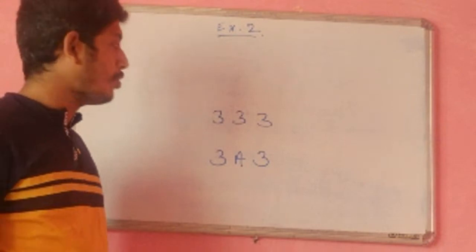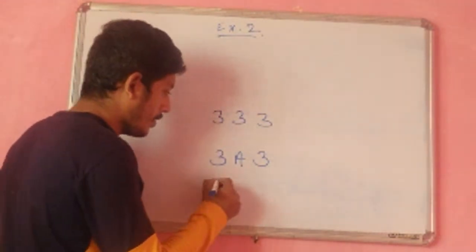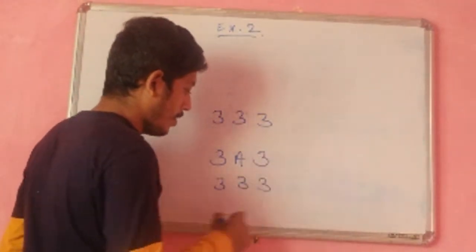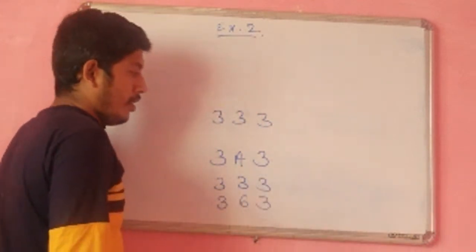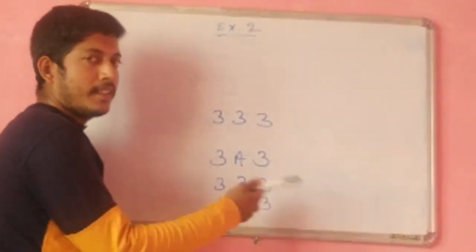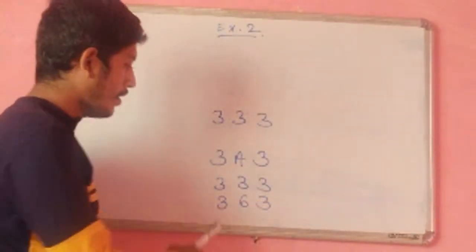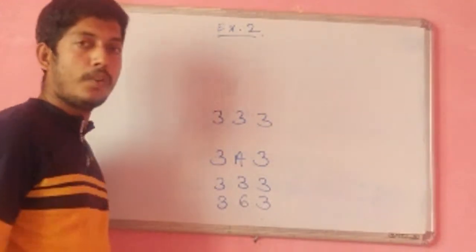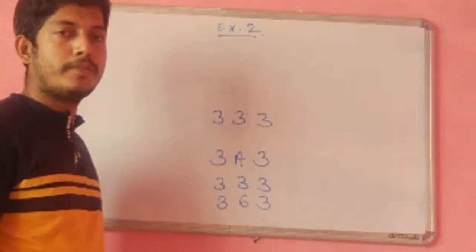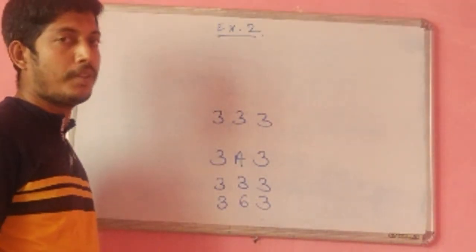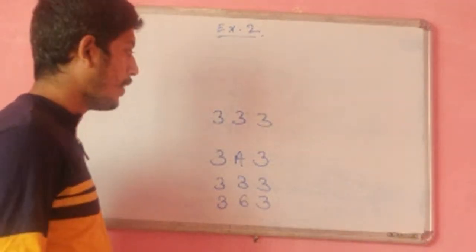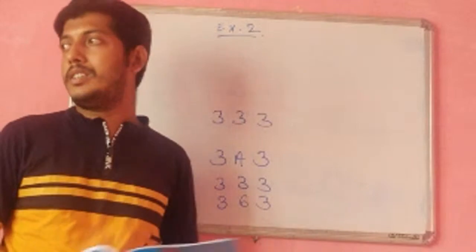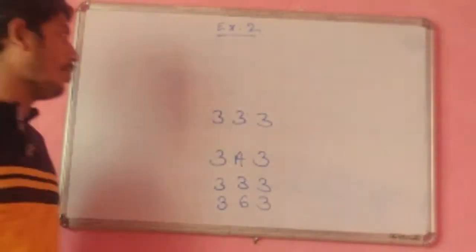So which are the possible cases? The possible cases are if I consider 333 or 363. 3 plus 3 is 6, 6 plus 3 is 9, that is divisible by 3 and 9. 3 plus 6 is 9, 9 plus 3 is 12, that is also divisible by 3. Okay, that is divisible by 3. So now we have to find out whether the given numbers are divisible or not.